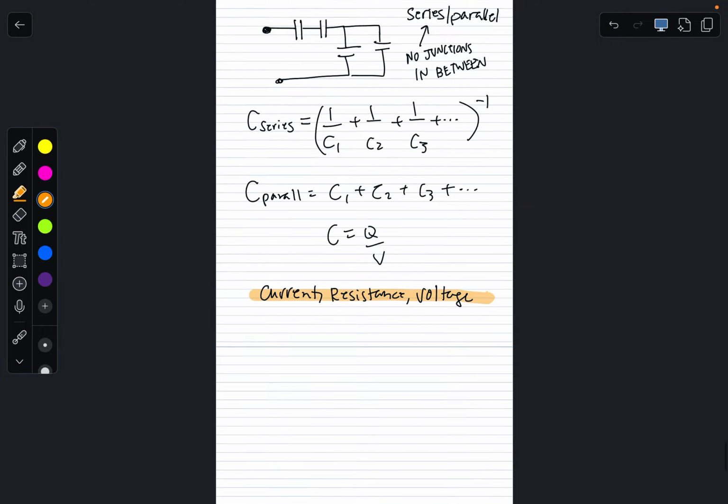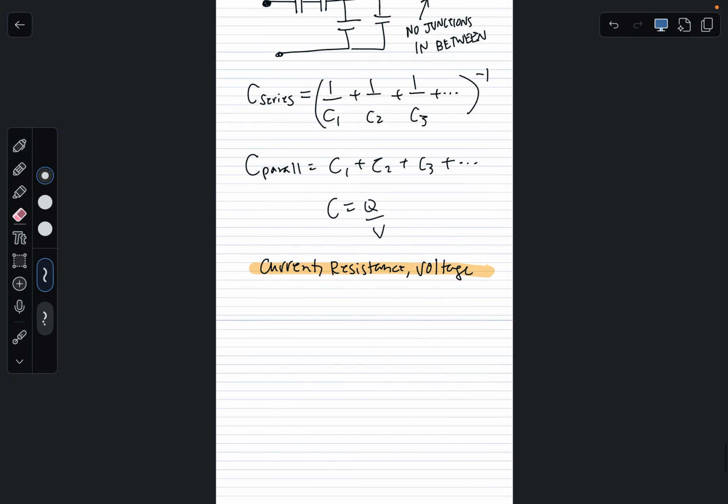So current is the flow of positive charges. The magnitude of the current is how much charge flows through some given surface area in some given time.